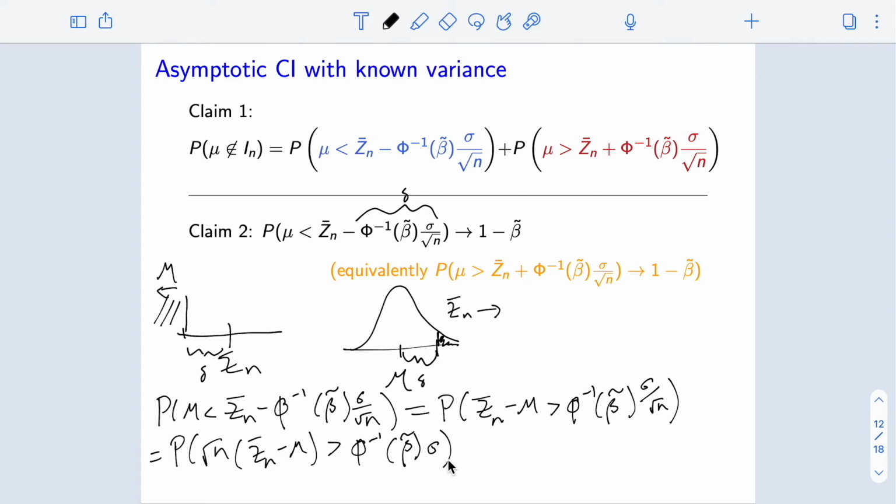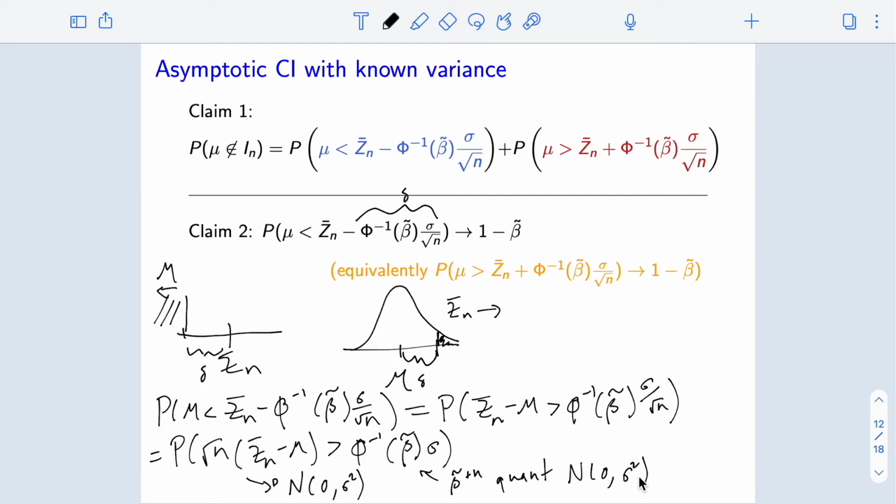So as a reminder, this quantity converges in distribution to a normal with mean 0 and variance sigma squared, just by the central limit theorem. And this quantity here is the beta tilde-th quantile of a normal with mean 0 and variance sigma squared.